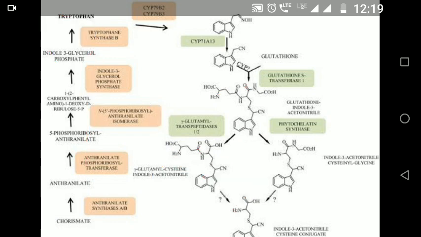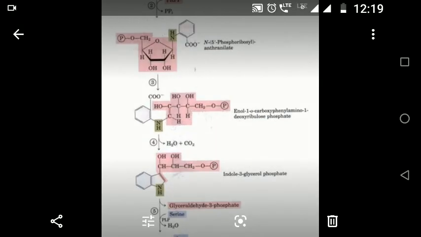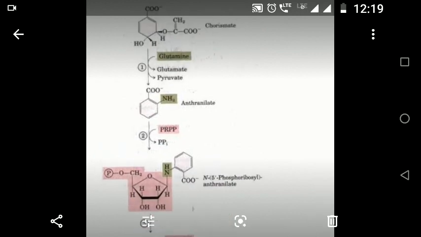This is about the tryptophan biosynthesis from chorismate. Let us look at the structures here so you can easily understand. We have chorismate here, and from the chorismate we are getting anthranilate.